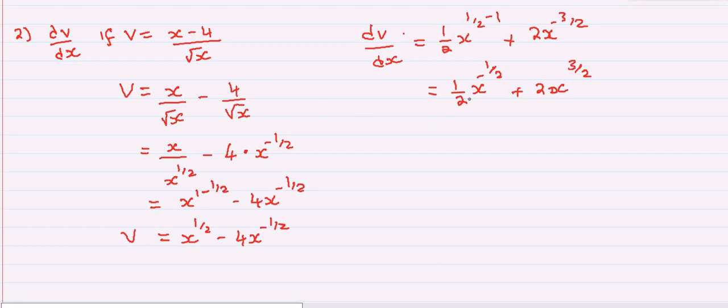If we want to simplify the negative exponents, this will be 1 over 2 the root of x plus 2 over x exponent 3 over 2. This is how to find dv over dx. As I've said, you simplify the expression, then you apply the rules. Let's look at number 3.